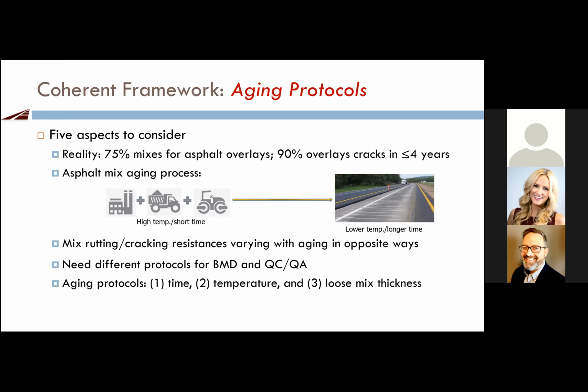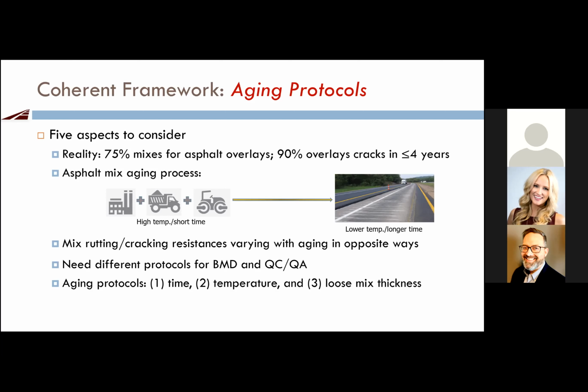If I want to pass my cracking requirements, I cook my mix in the oven less time. So that's so critical when we talk about any acceptance criteria. We must specify the corresponding aging protocol.